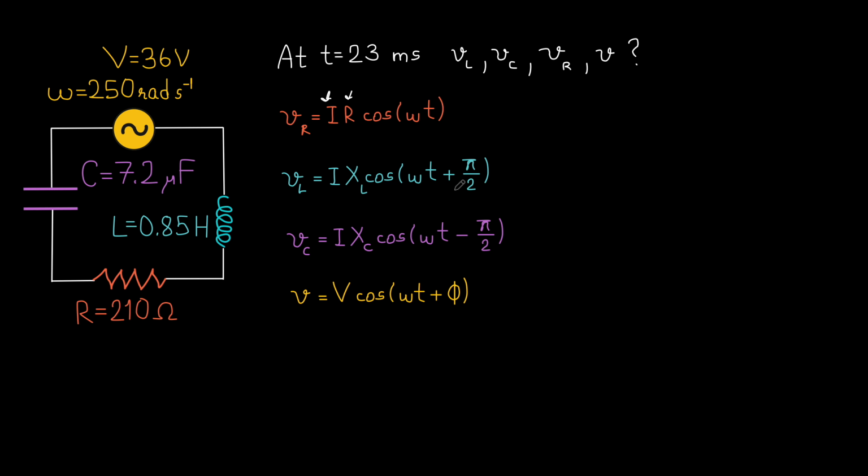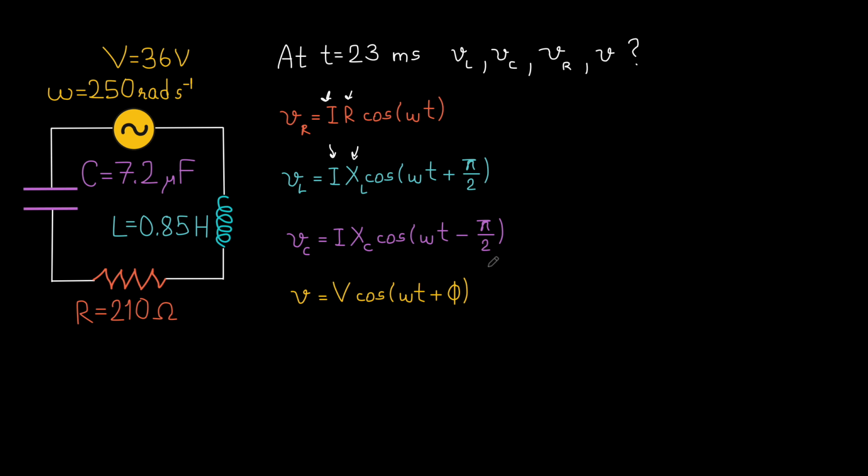The inductor, on the other hand, is leading the current by 90 degrees. So in the argument for cosine, we put plus pi over 2, so that's cosine omega t plus pi over 2, and we multiply that by the voltage amplitude for the inductor, which is equal to the current amplitude times inductive reactance for the inductor. The capacitor, on the other hand, is lagging behind the circuit current.